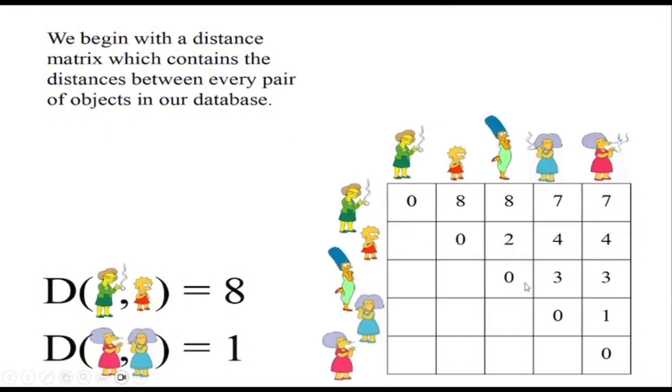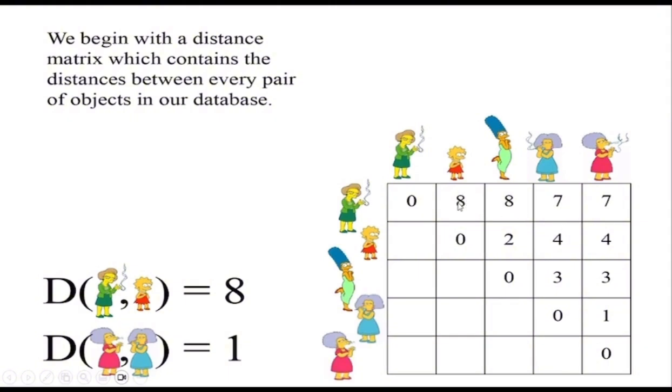So if you look at the diagonal here, it's just telling you the distance between me and me, which would be 0. Now we don't consider the lower part, because the value you have here is also what you have there. So what is the point? We're only going to focus on the upper triangular matrix. So we take a look at this one now.